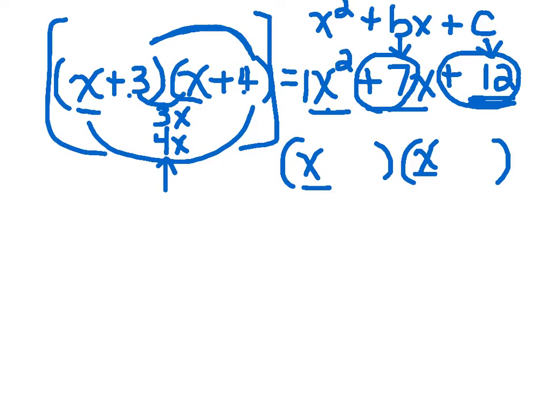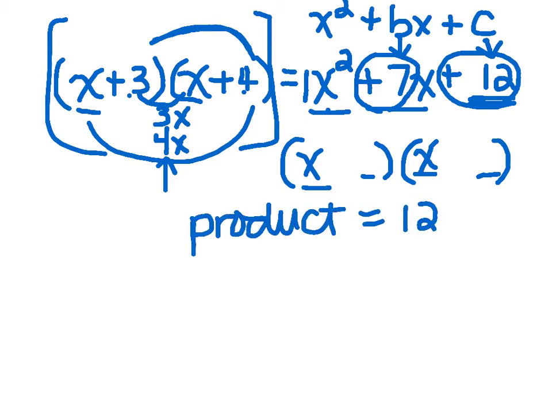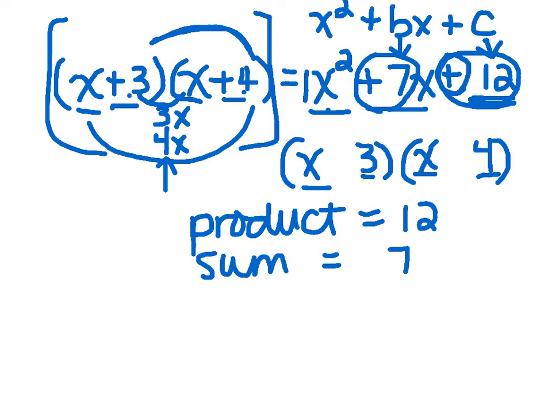So what I'm looking for are numbers whose product is 12 and sum is equal to 7. Even if we hadn't just done this, I think most of you would be able to say those numbers are 4 and 3. So that leaves us with the issue of what signs go in these binomials. The point of c being positive is that when I am FOILing, I get the sign for c, this plus sign here, by multiplying the two numbers.